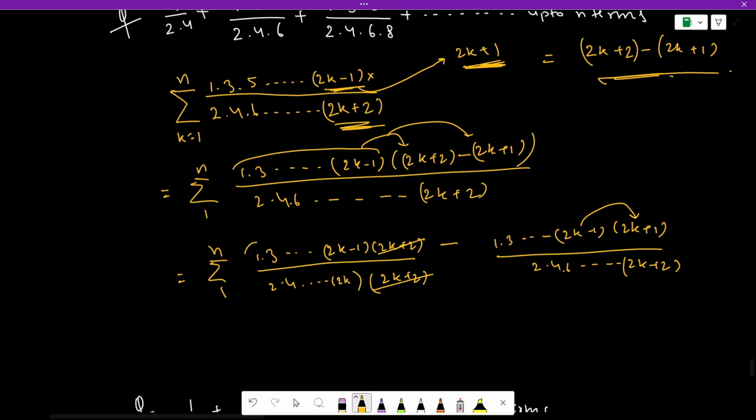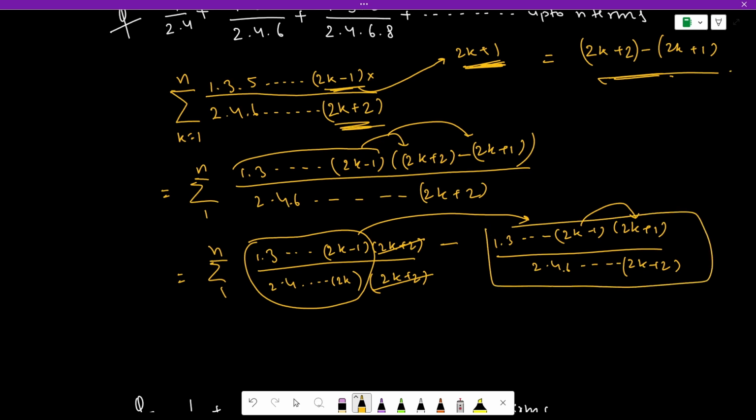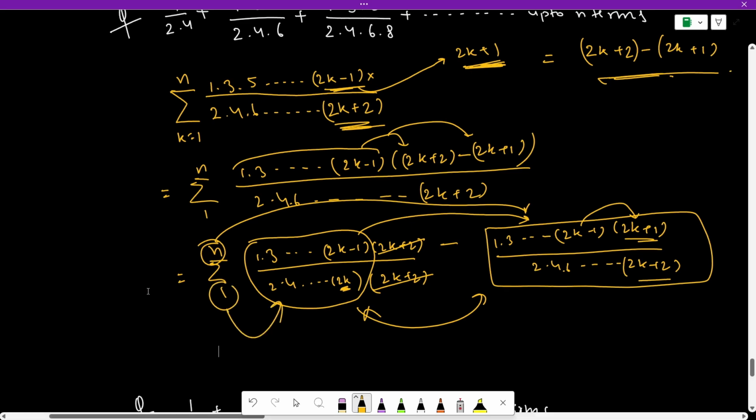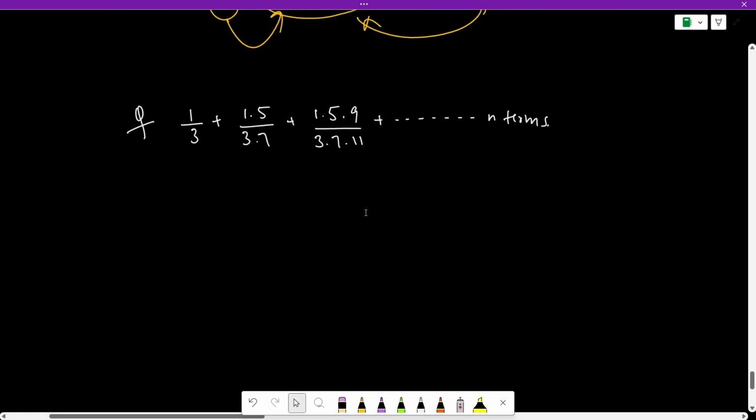Now if you put k plus 1 in this expression, you will get this. Here you will get 2k plus 2, and here you will get 2k plus 1. So these are now consecutive terms. Now you can just put 1 in the lower and n in the upper limit, right? So I hope you understood this. Now let's see the next question.